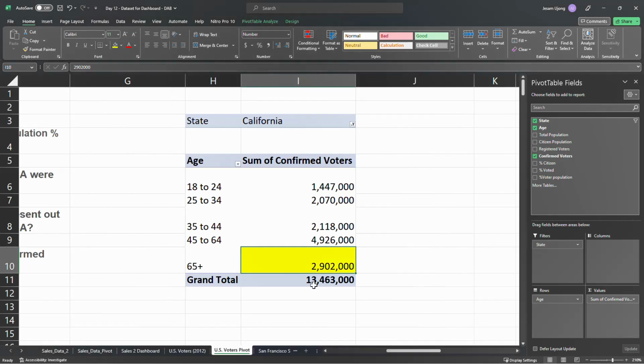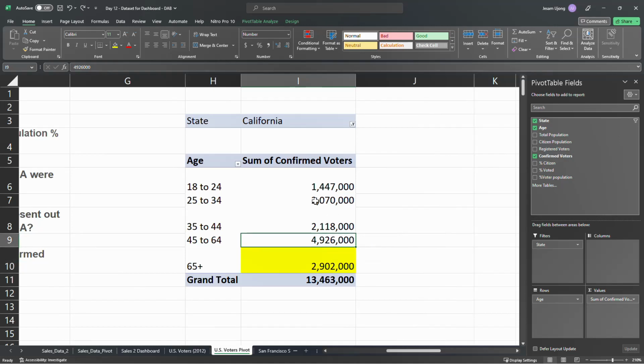So well done everybody that got 2.9M, 2,902,000. Wow, literally everybody got that. Oh, this is awesome. Means we are following. Shell, you've corrected it.